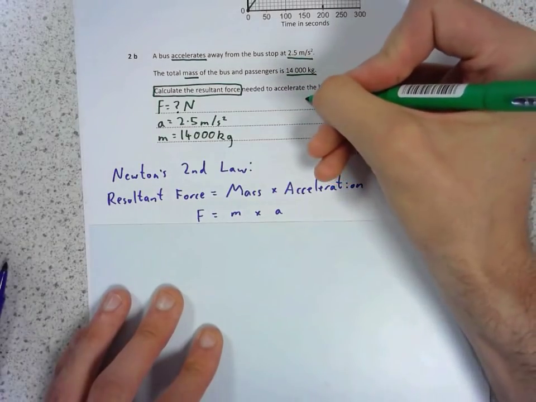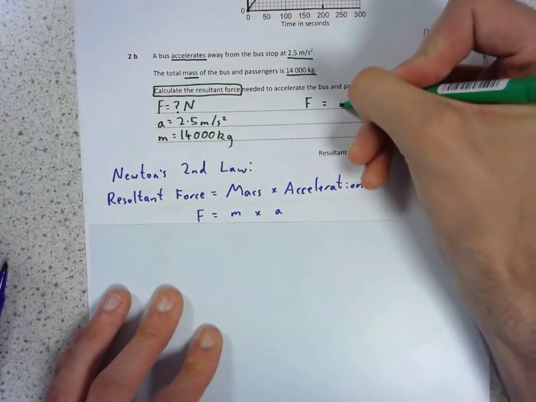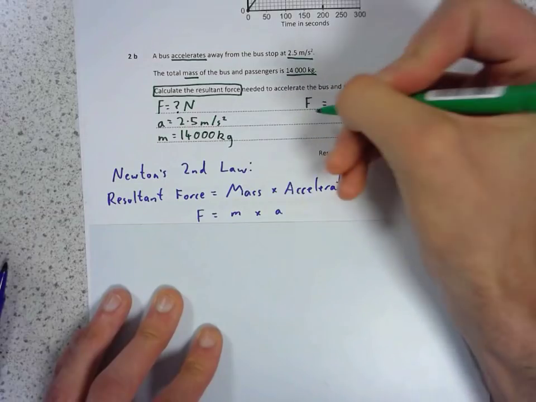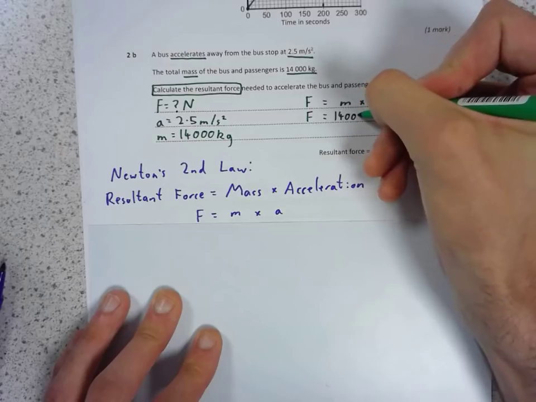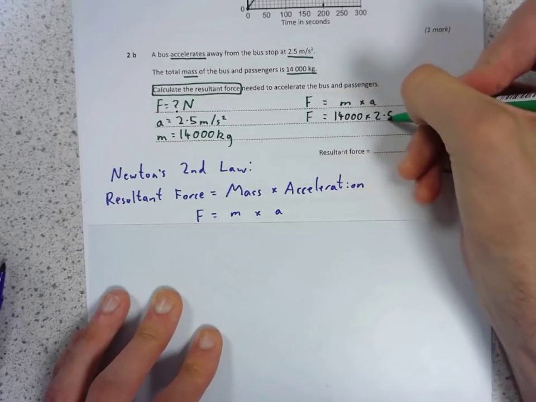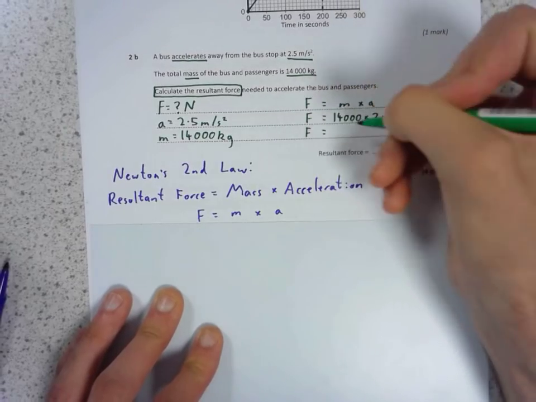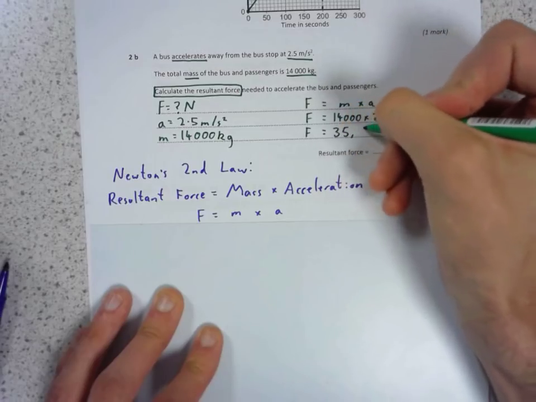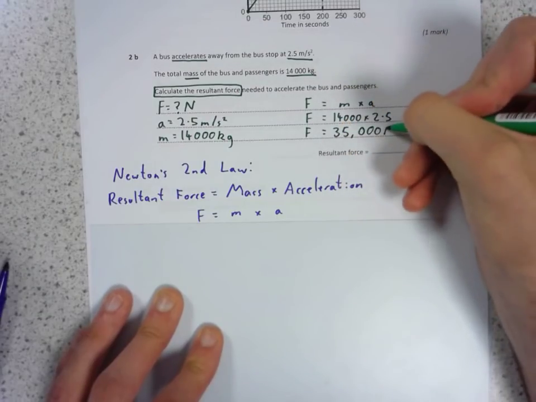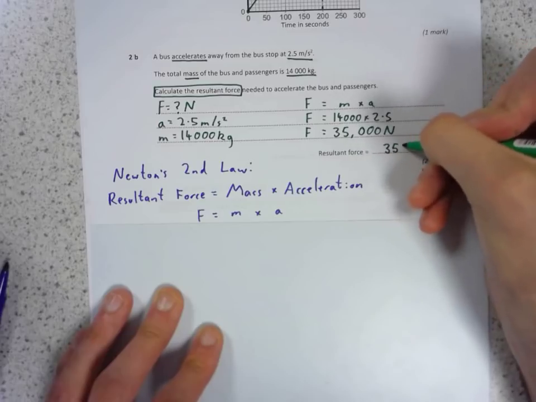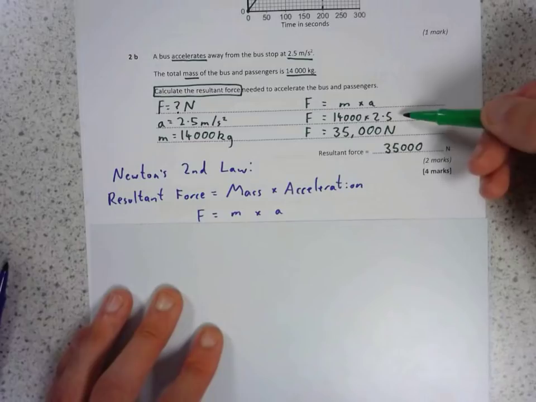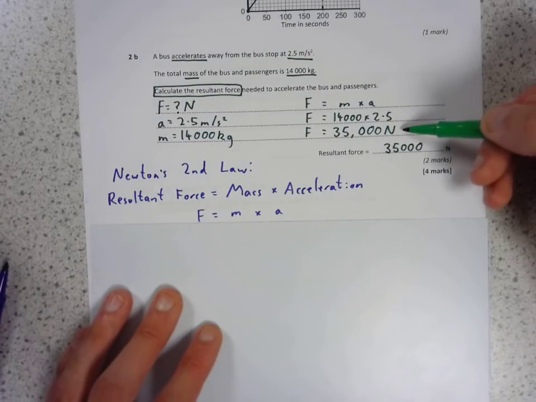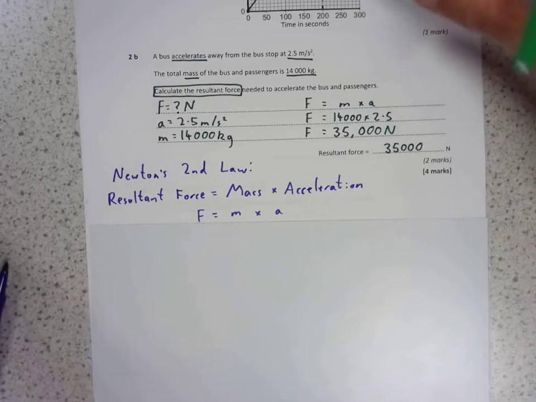Now I'm going to state my formula that links those three values. Substitute in my values, and I find that force comes out as 35,000 newtons. Again, I get 1 mark for substituting in the correct numbers, another mark for calculating 35,000 newtons.